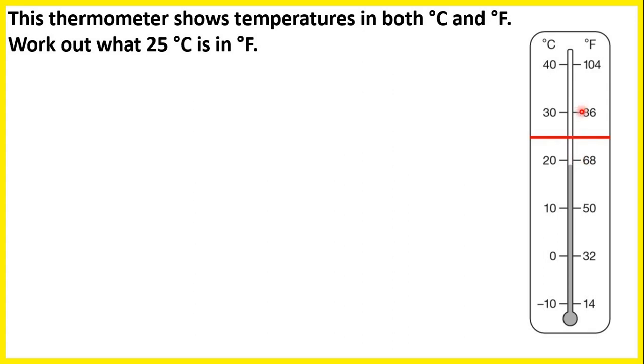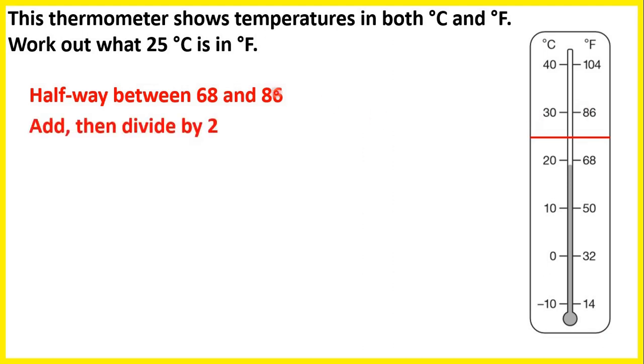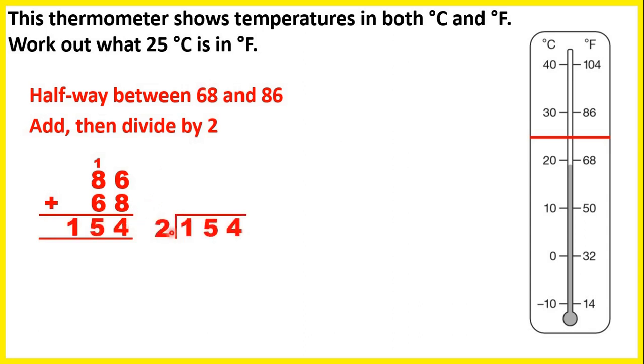68 and 86. So to find the number halfway between 68 and 86, to find the midpoint of any two numbers, we can add them together and then divide the answer by 2. So 86 plus 68 is 154, and if we then divide that by 2, we get 77.